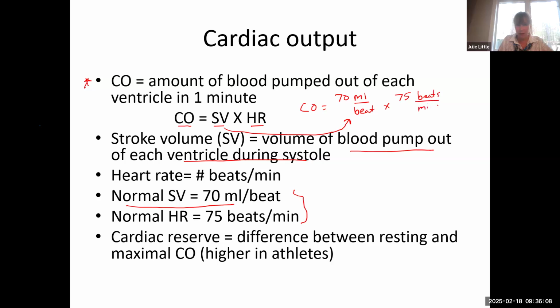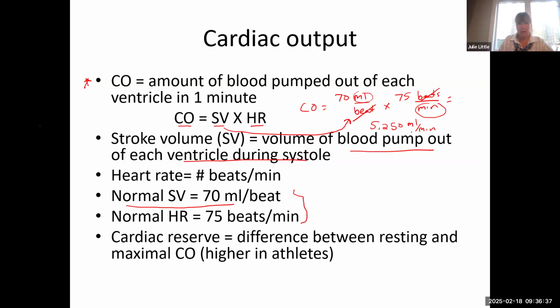You know from math that we can cancel out these beats to get the units of milliliters on the top, minutes on the bottom. So if we multiply these out, we're going to get an answer of 5,250 milliliters per minute. But we don't usually talk about such massive amounts of blood in milliliters, so we have to convert this to liters.